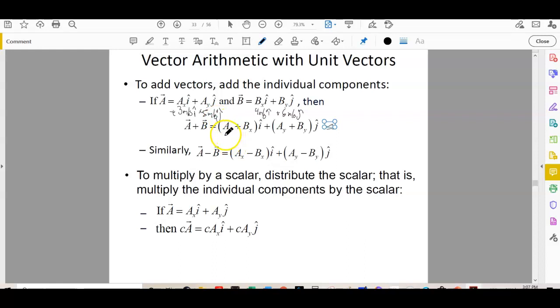Now that allows us to do something really quick. The x direction component of this is going to be 3 plus 4, which is 7 meters per second i hat, plus 5 plus 6, 11 meters per second j hat. Then you could really quickly go, okay, if you want to get the total length, you just do 7 squared plus 11 squared meters per second, and then you get the total value of that.